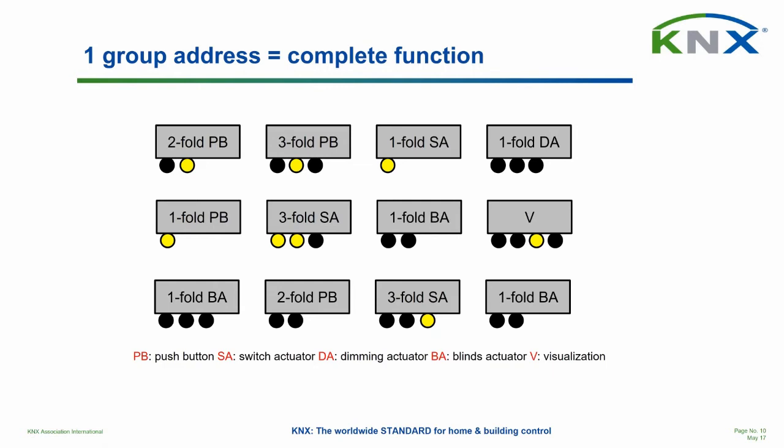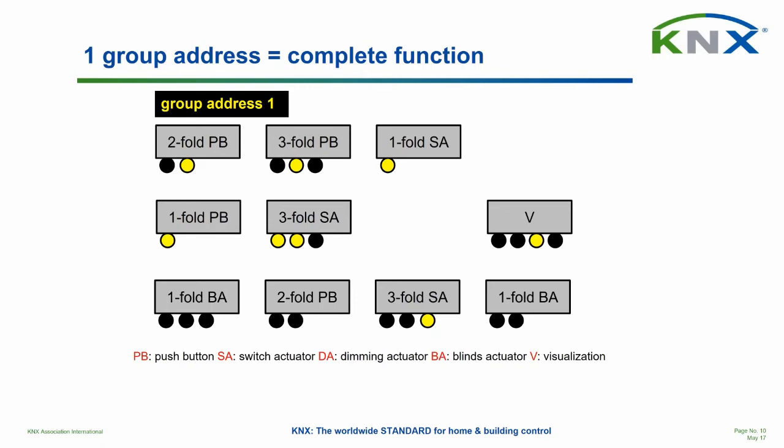Now, in order to have a closer look, let's first get rid of the devices that are not included in the function. That was the dimming actuator, not in the function. Sorry, the blinds actuator, not there.